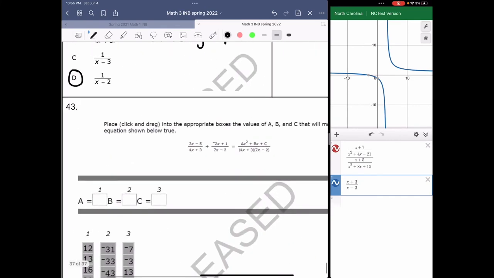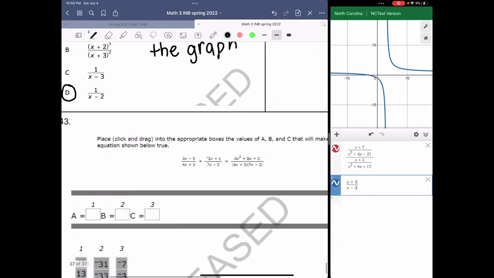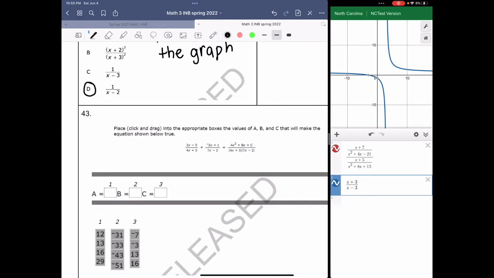Now, number 43 we've done before, but I wanted to hit it real quick to make sure we remembered how to do it, because this is a type of problem I cannot match in Desmos unless I plan on guessing and checking all of the pieces. Basically, it's an addition problem, and in order to add, we have to have a common denominator.